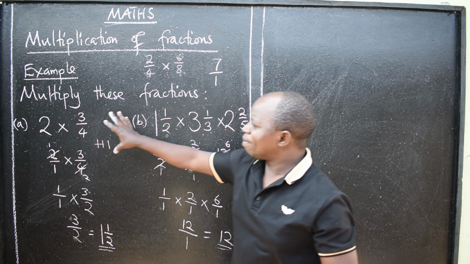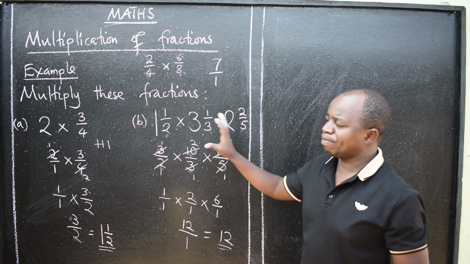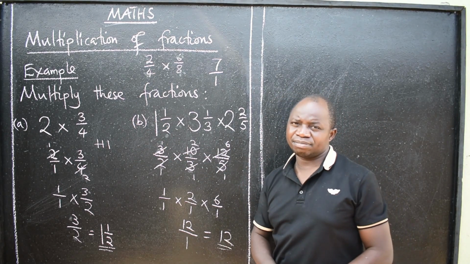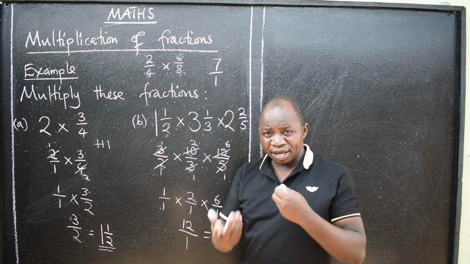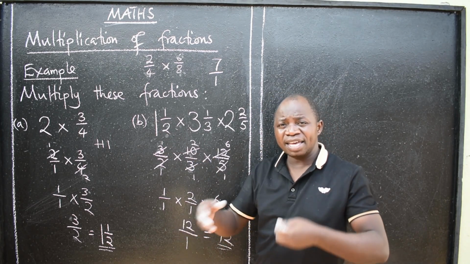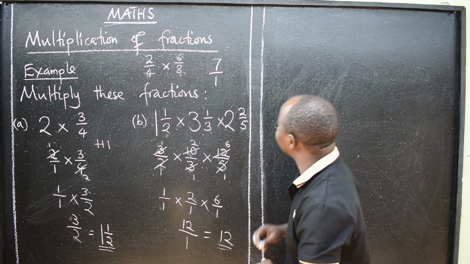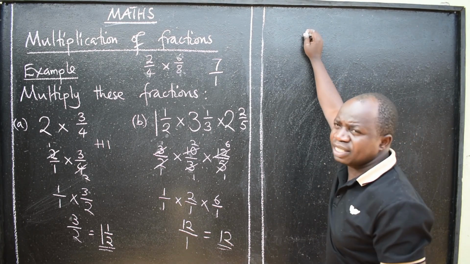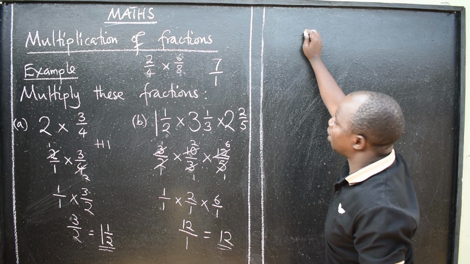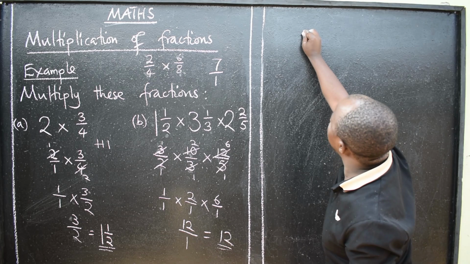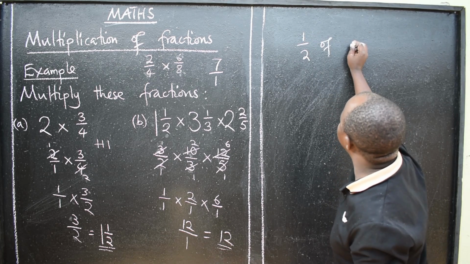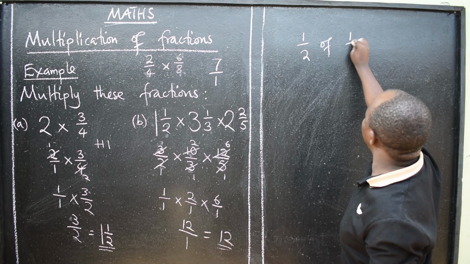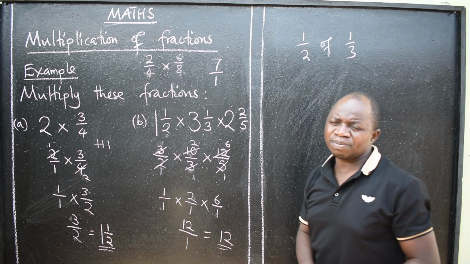So always remember that this is the way we multiply numbers. Now I was also to tell you some words that are used when multiplying and adding and other things. When I say find 1 over 2 of, let's say, 1 over 3, what are you supposed to do?